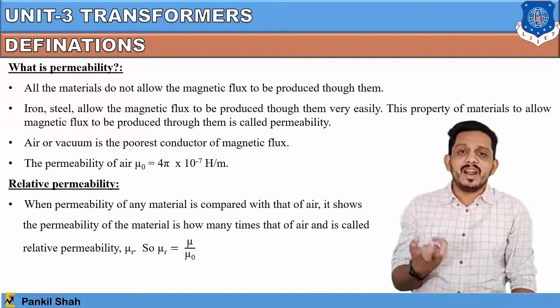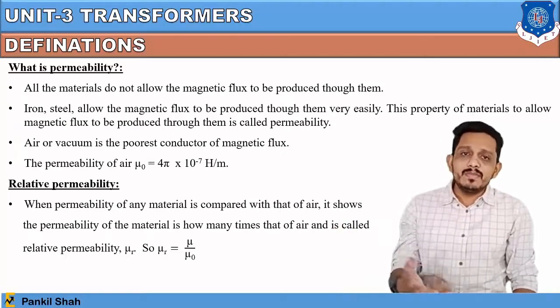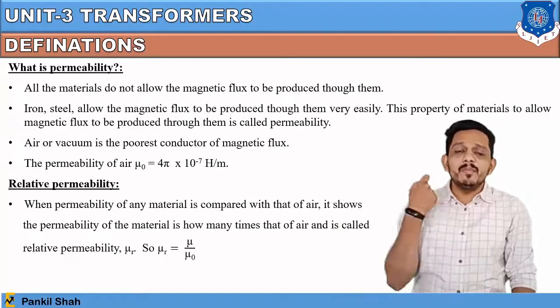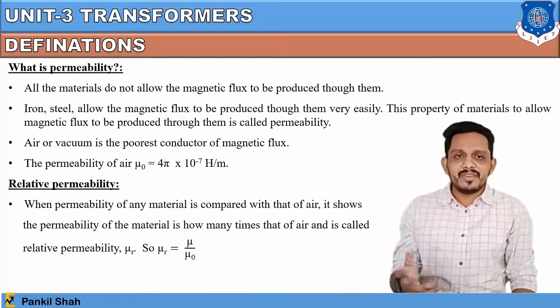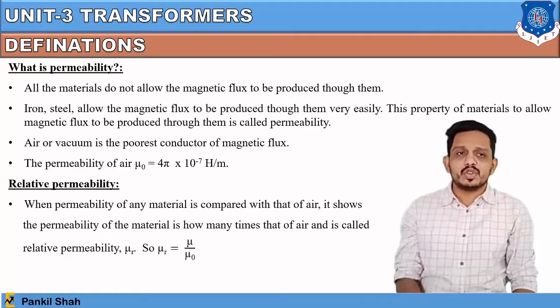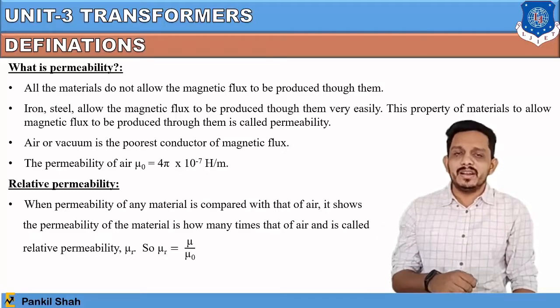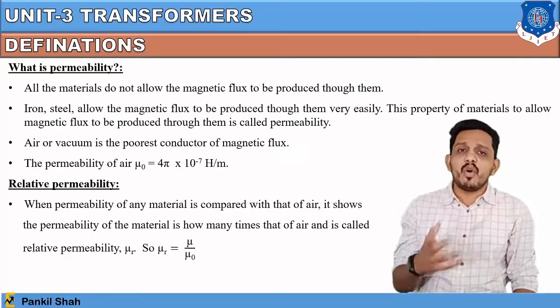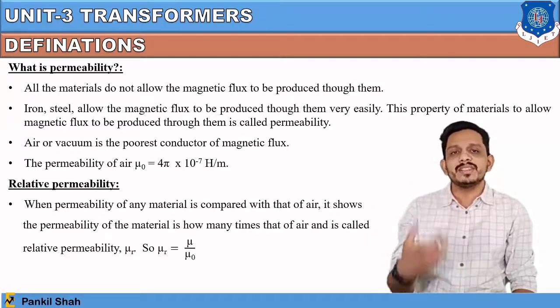Some materials allow a maximum value of flux to pass through them, and some materials do not allow even a minimum flux to pass through them. Iron and steel allow the magnetic flux to be produced through them very easily. This property of a material for the production or flow of magnetic flux through it is known as permeability.